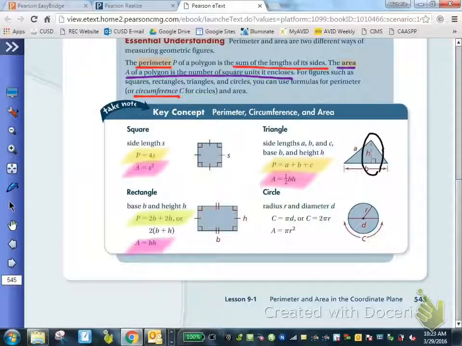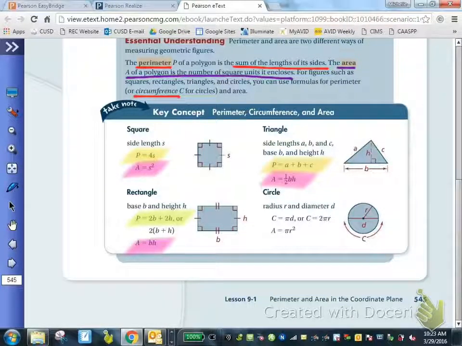So the height has to have a right angle with the base. Okay? So sometimes you'll get a triangle that maybe doesn't give you the height, but you can find it because we also have a rule for right triangles, which is the Pythagorean theorem, which says a squared plus b squared equals c squared. Okay.